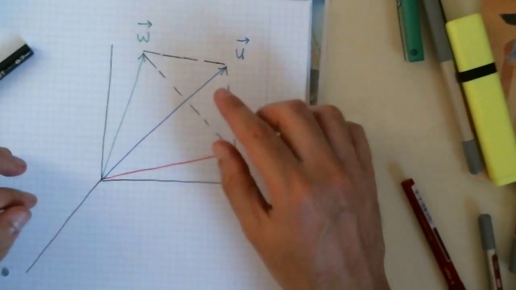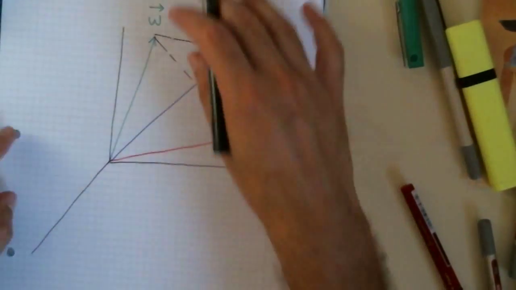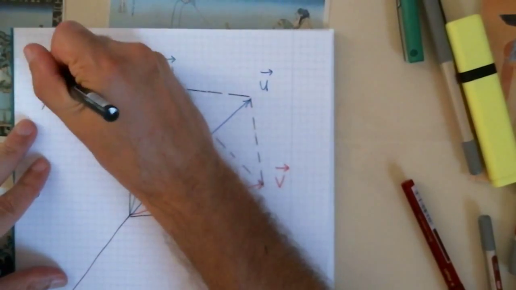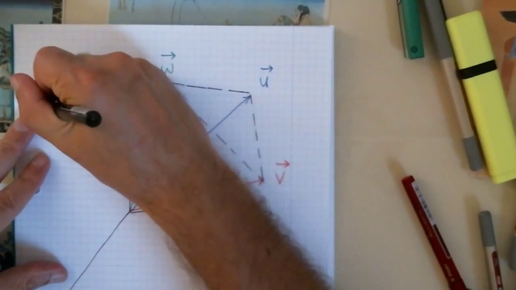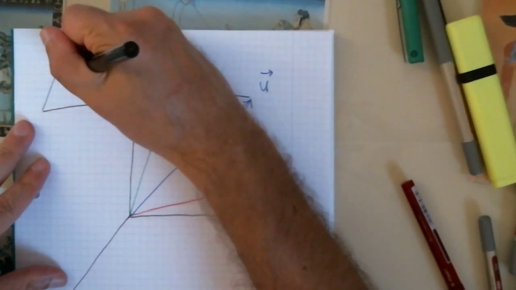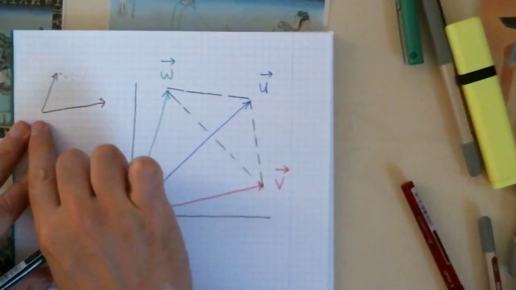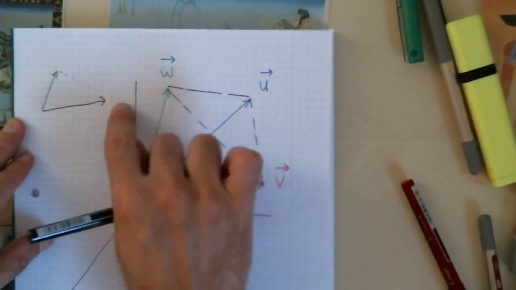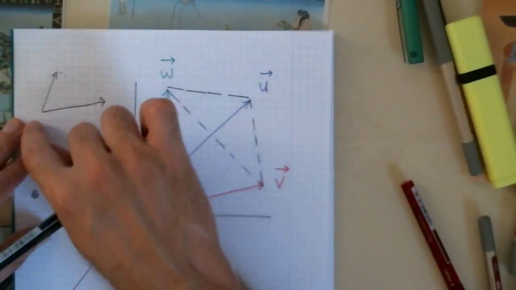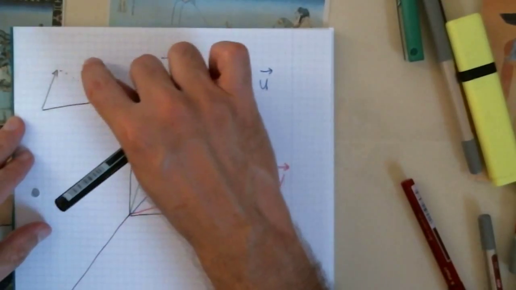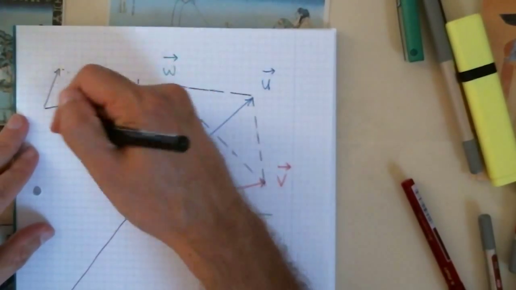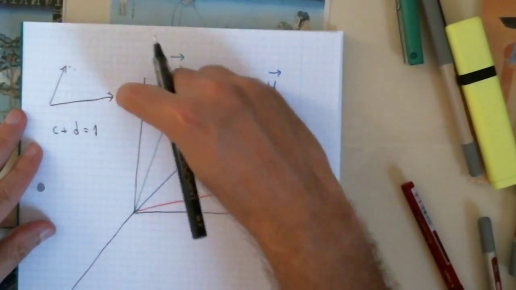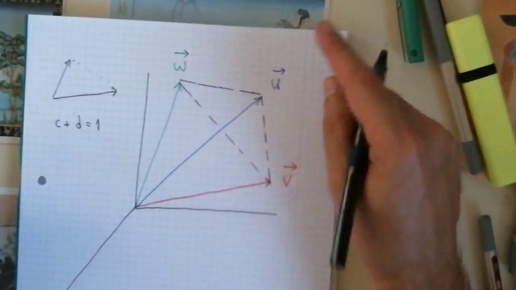it's the same as we had this line between the vectors. Before we had C and D, they C times some number times this vector plus some number D times this vector, and if we had C plus D equals 1, it was this dashed line.